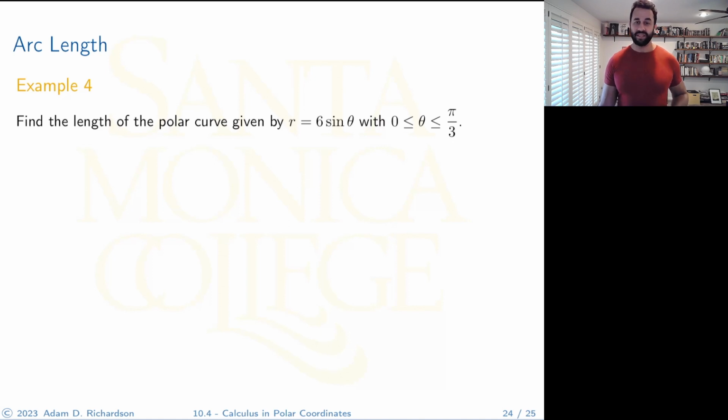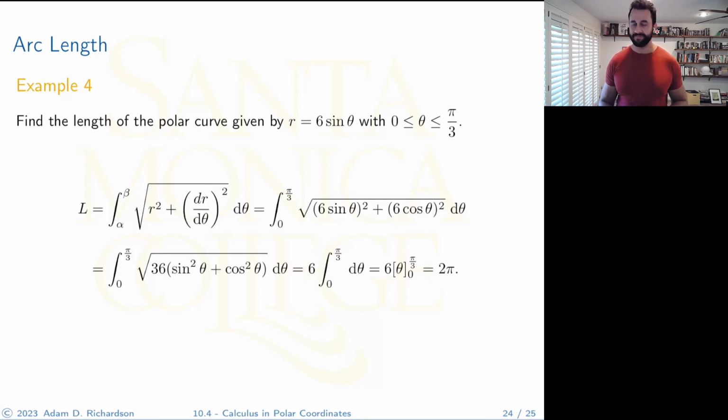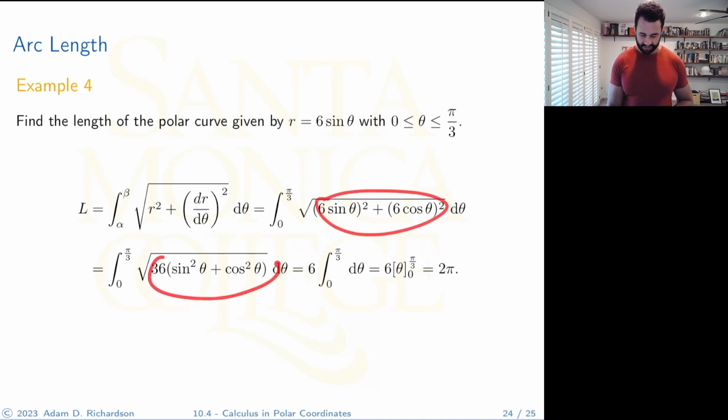All right, now let's do it together. Pretty simple calculations. We've got the formula, we've got the bounds. We just have to dive in, cross our fingers, and walk through comfortably. Here's the formula. This is r squared. This is dr d theta squared. When we simplify this, we get this.